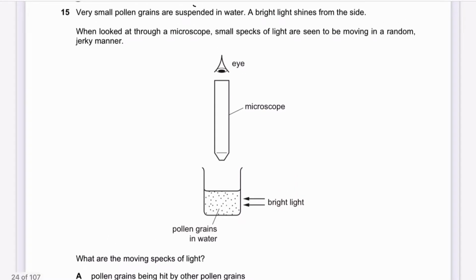Now let's see how the motion is described. Small specks of light are seen moving in a random jerky manner. Let's say this is a speck of light, so it moves like this. It doesn't say that the specks of light are colliding with each other and with the wall. They're just moving in a random jerky manner.